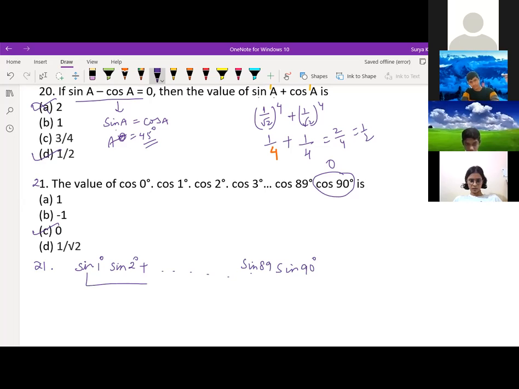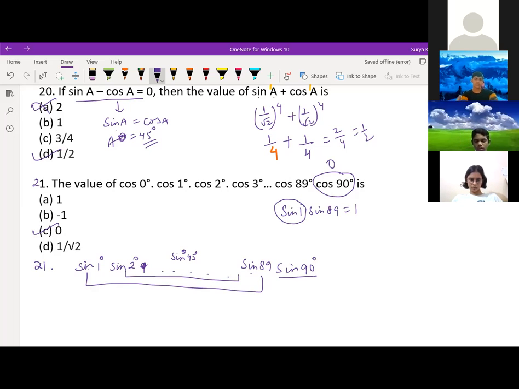If you see this sin 1 and sin 89, there is no plus here, only multiplication, right? I think there was one question with a plus and one with multiplication. So here sin 45 degrees will come in between and sin 90 will come at the last. Sin 1 and sin 89 is 1 because you can convert this into cos.